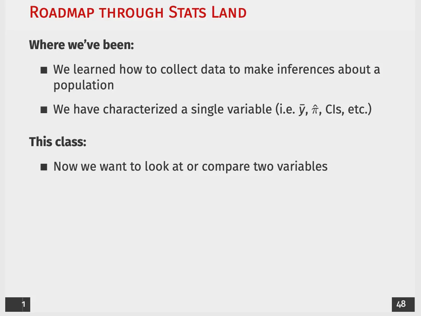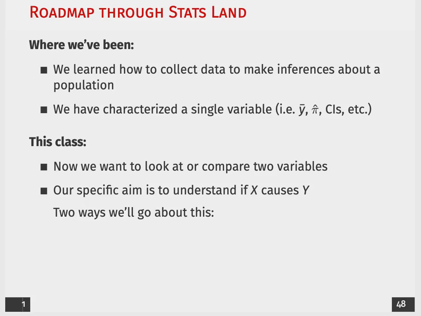Now we want to compare more than one variable. We want to look at whether one variable, which we'll call X, our main predictor, causes Y, our main outcome. There's two ways that we're going to talk about doing this today.